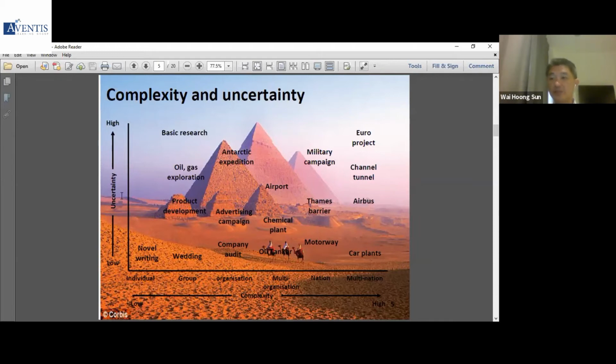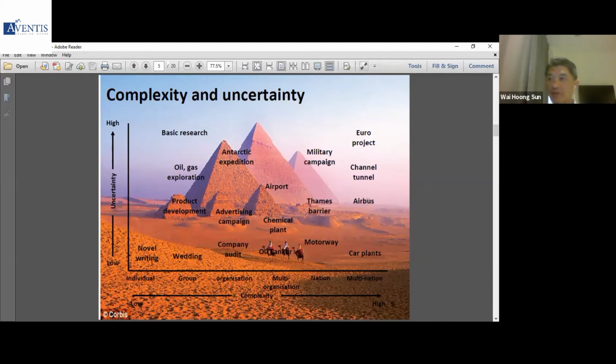So, for example, if you look at novel writing, has it been done before, but in different variations? Obviously there are many kinds of novels out there with many genres. So obviously that's been done before, but in different variations.